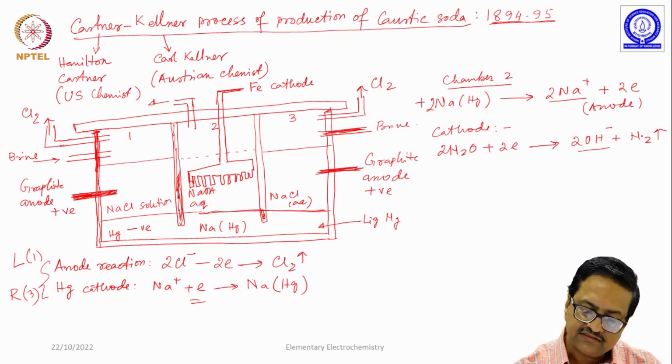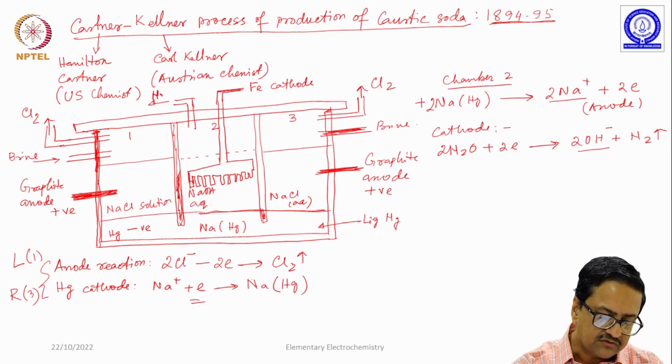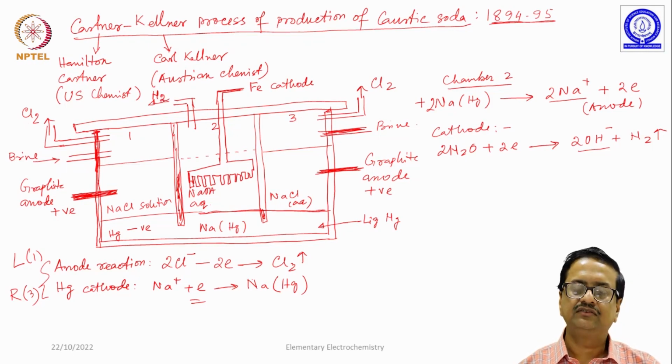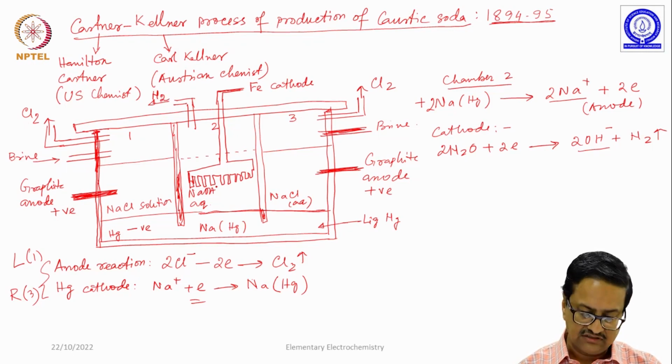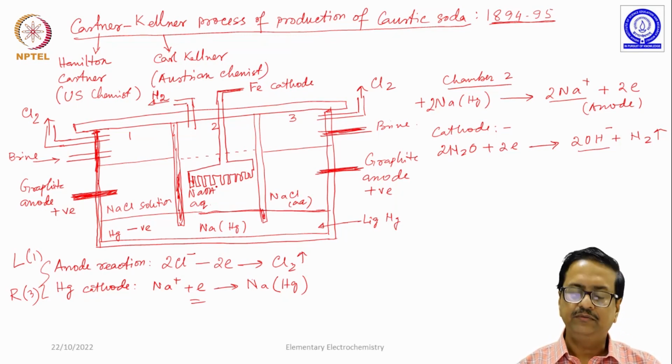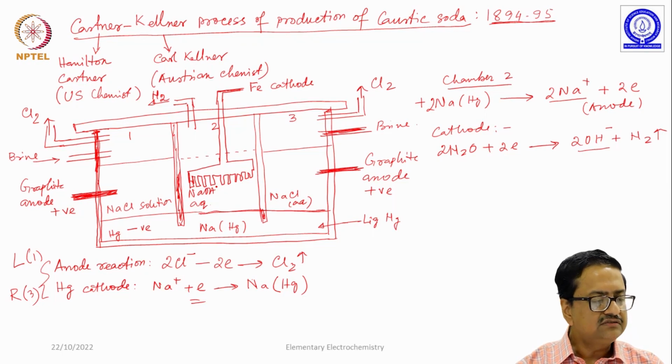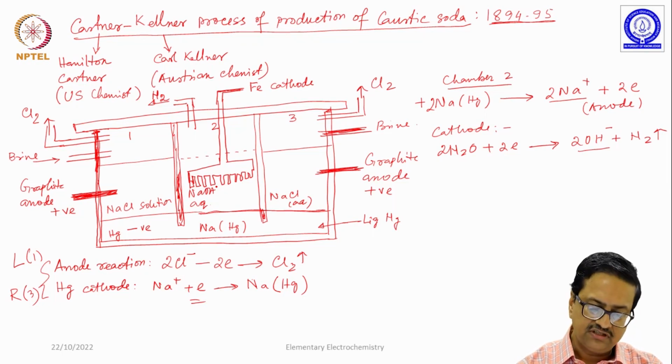The hydrogen gas comes out through the vent, so there is a byproduct of chlorine and hydrogen, and your target compound that you are taking out is sodium hydroxide, a very useful chemical in industry and in daily application. In this process, they were able to produce sodium hydroxide in large quantities with the consumption of electricity. This was one of the very early applications of electrolysis on an industrial scale.